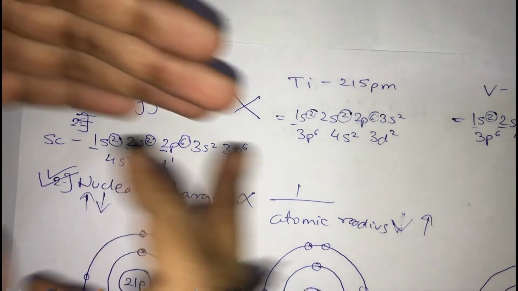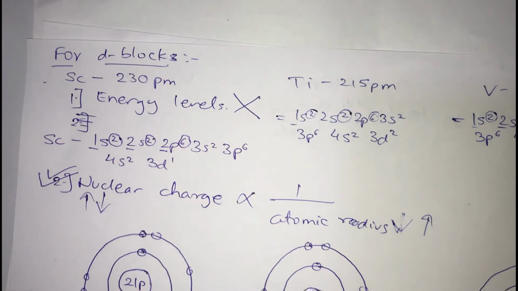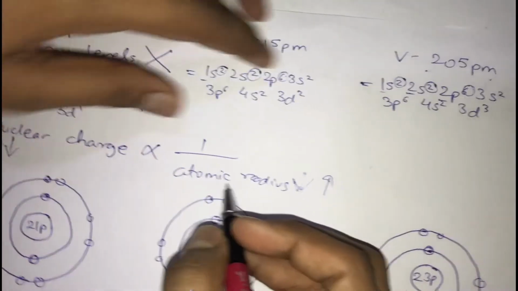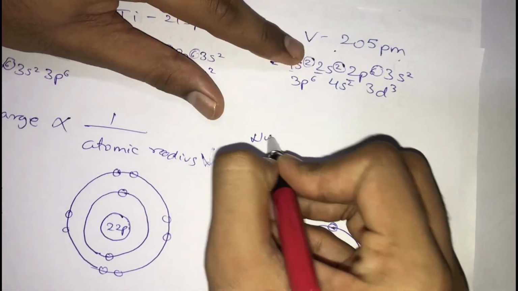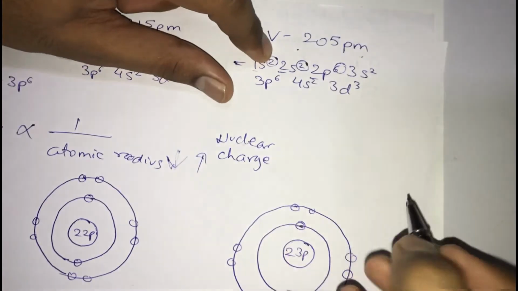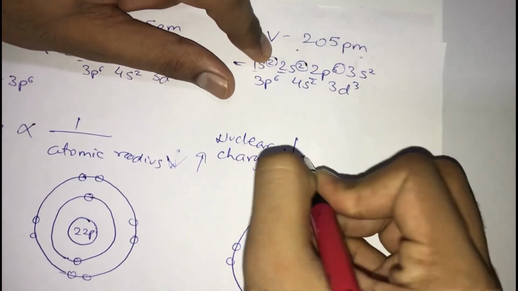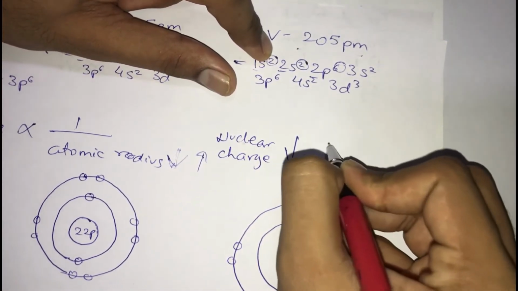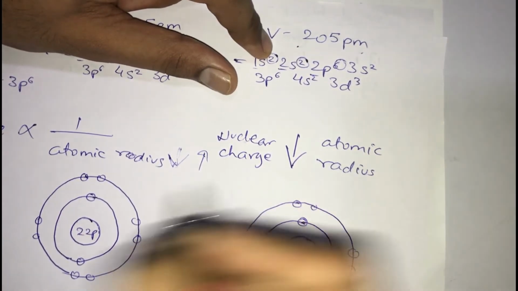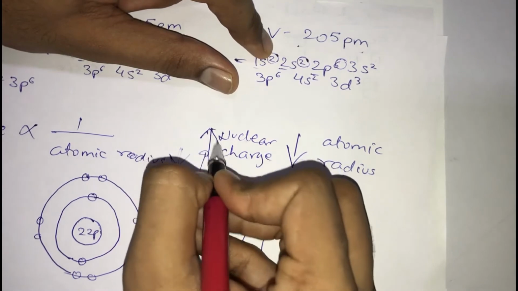But here, can I say guys, nuclear charge is going to decrease the atomic radius? Am I right? Greater the nuclear charge. So what is nuclear charge doing?